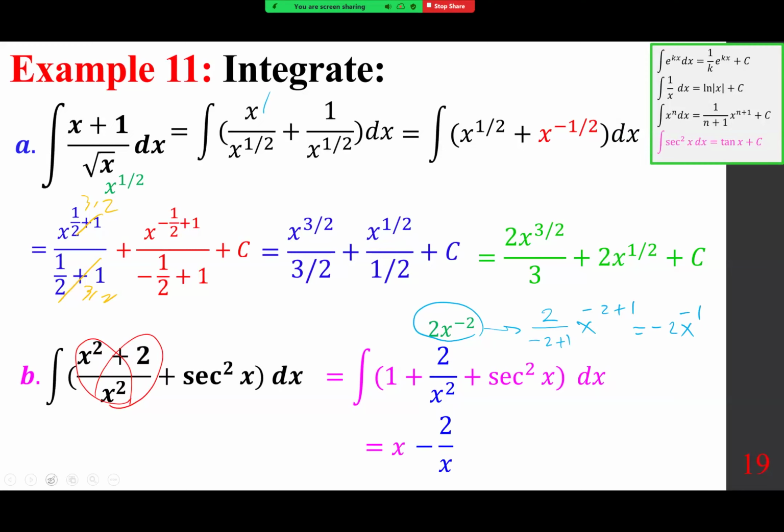And as you recall, the integral of secant squared is tan x, because the derivative of tan x was secant squared. So we are going to have tan x and a constant.